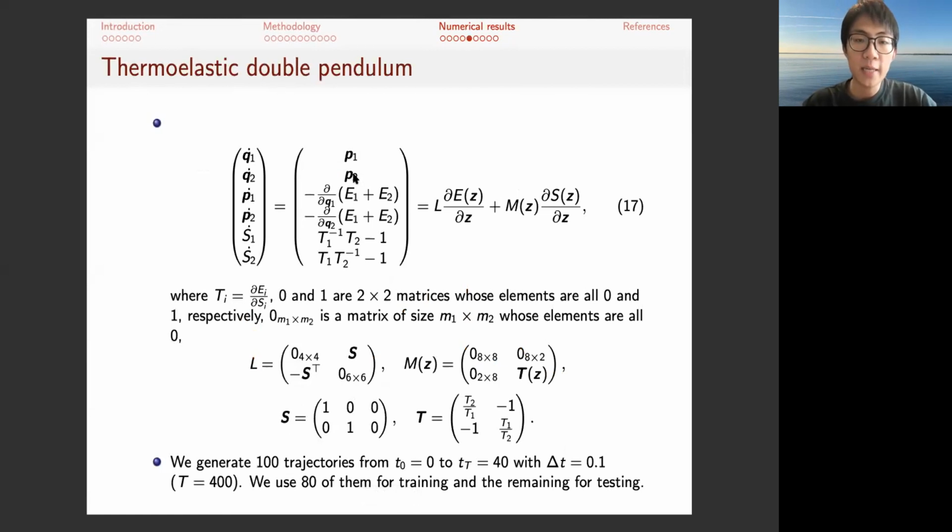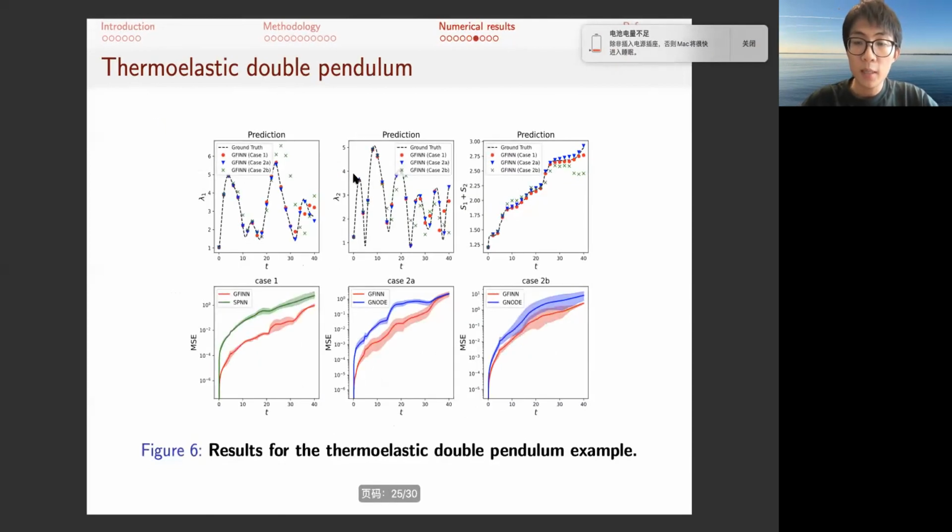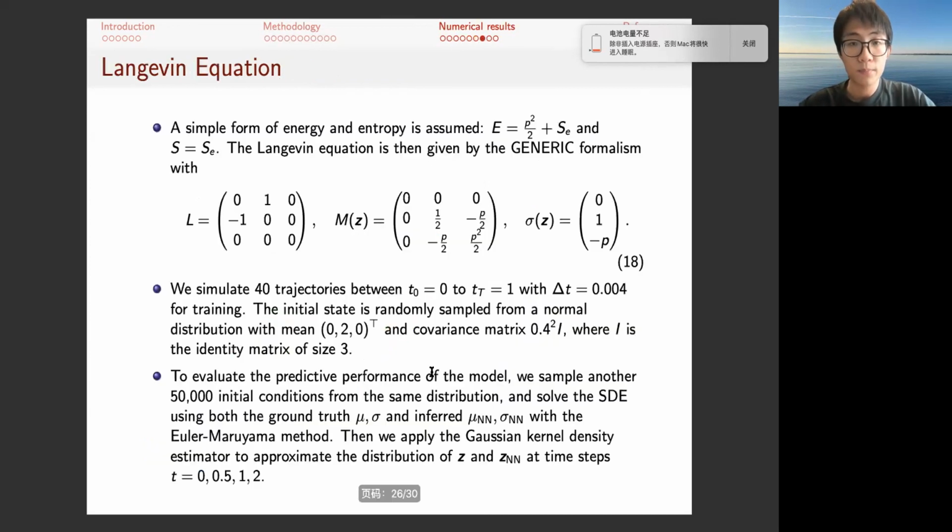And we also tested our method on a more difficult thermoelastic double pendulum example, which is in general chaotic. Basically we achieved a similar result, showing that our method can achieve a lower max MSE compared to its counterpart with soft penalty or the GNODE.